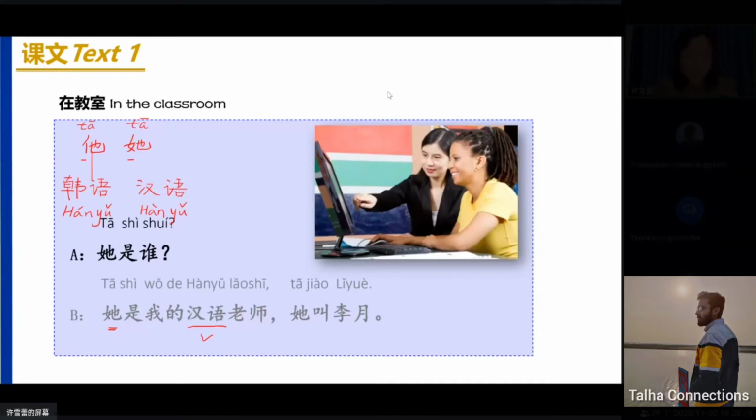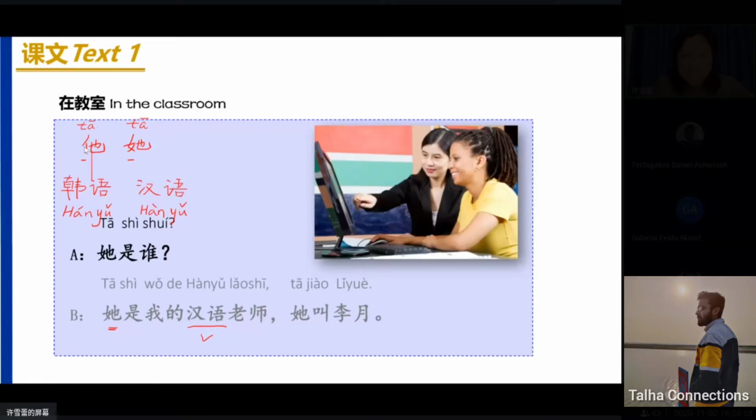Okay. Now, let me repeat the part about these two expressions. First thing, 他 and 他, they are two different characters. Even though they're both 他, this one refers to man.